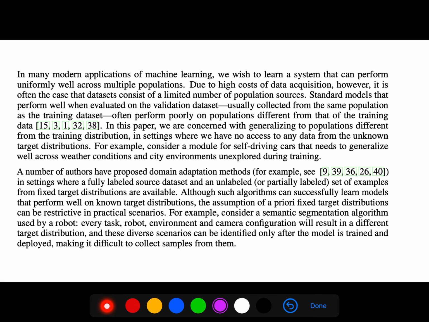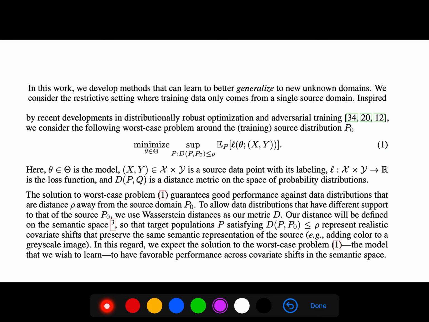We wish to learn a system that can perform uniformly well across multiple populations. We develop methods that can learn to better generalize to new unknown domains. We consider the restrictive setting where the training data only comes from a single source domain.